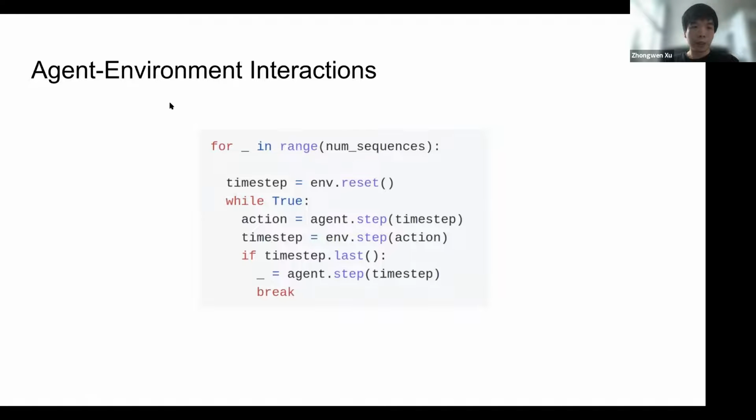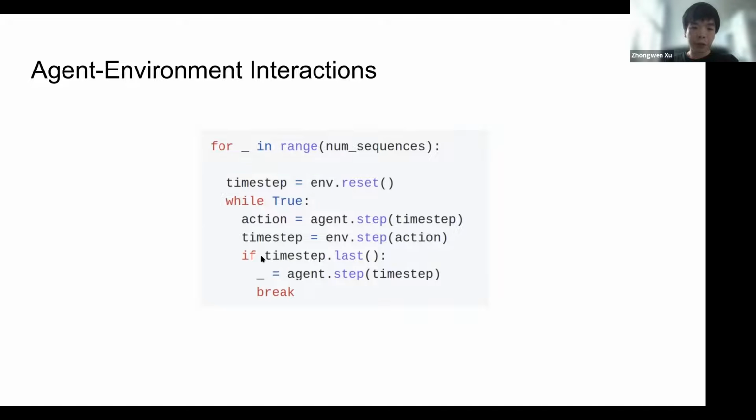So let's see the agent-environment interactions. The loop is performed to collect a number of sequences. For each starting point of the loop, it will first reset the environment, and then the loop begins. It's similar to the last slide.